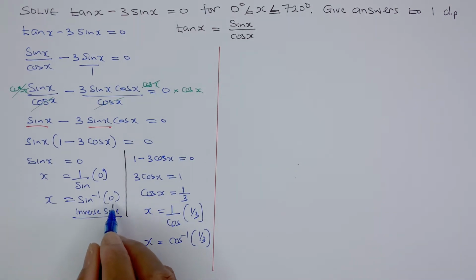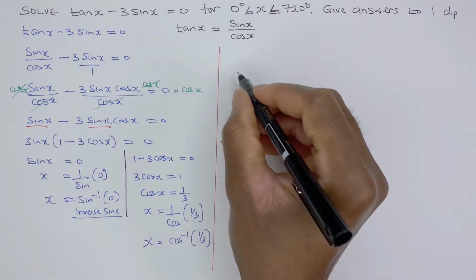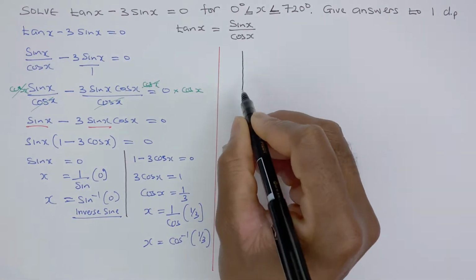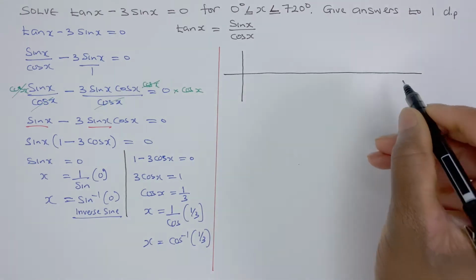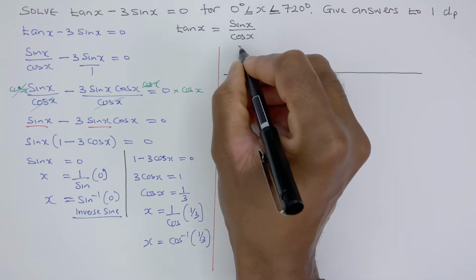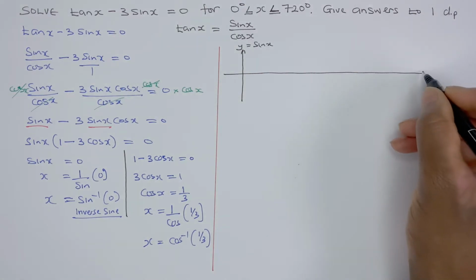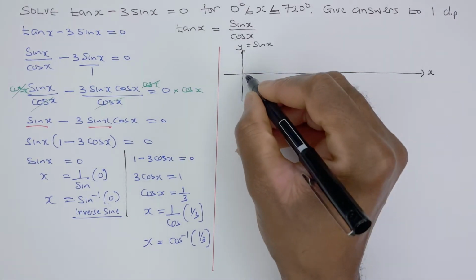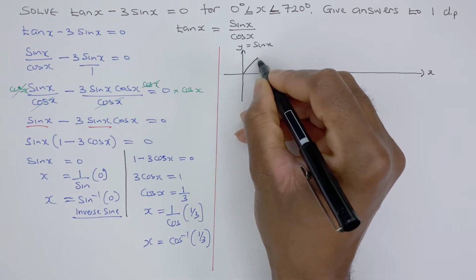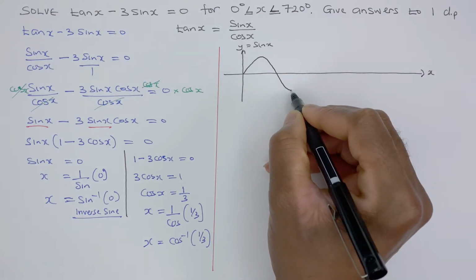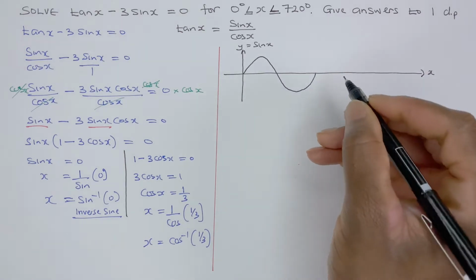Inverse sine of 0. So all I need to do is actually draw a sine function. So I'm going to do that now. And this is y equals sine of x, and that is x. So if I start from 0, sine of 0 is 0. That's 2 pi.